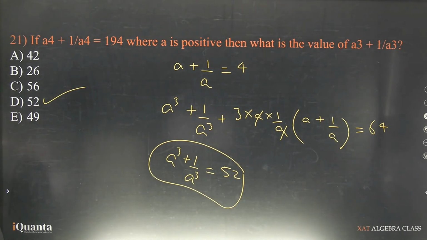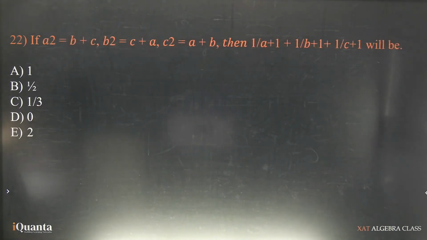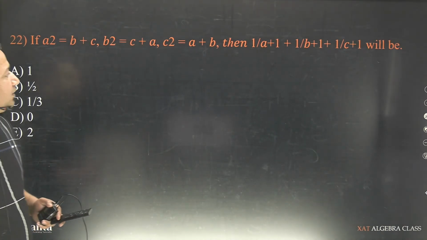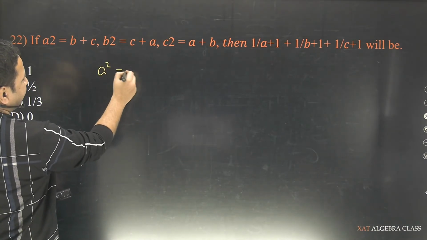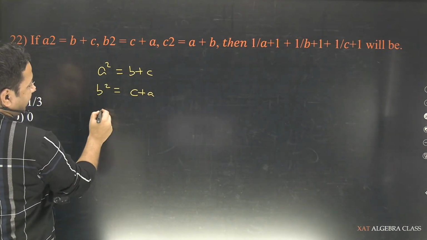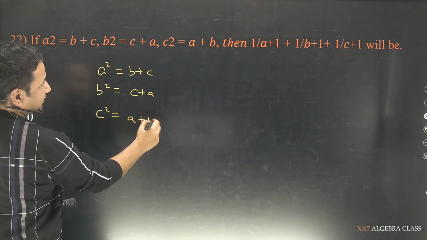Now what? Let us try to solve the next question. This is basically a square is given as b plus c, b square is given as c plus a, and c square is given as a plus b.